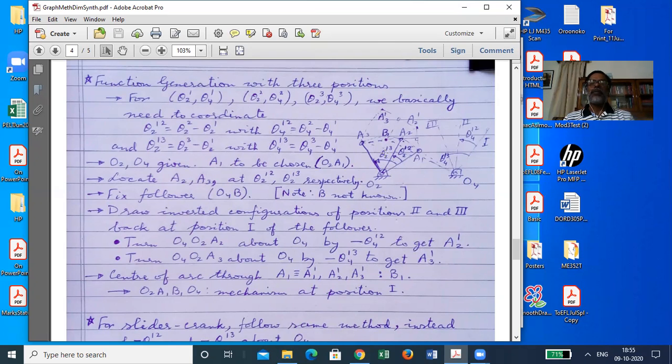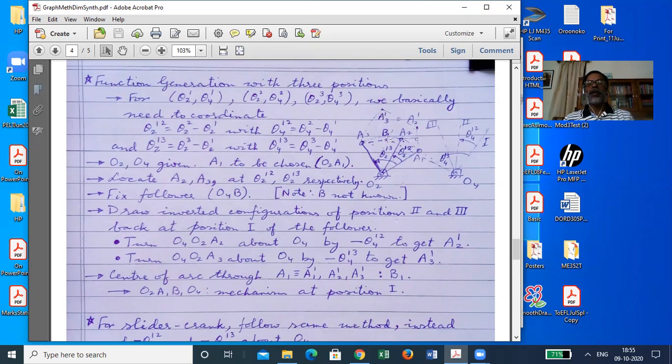Now you see A1 here, the inverted position of A2 here, and the inverted position of A3 here, all inverted at position 1.